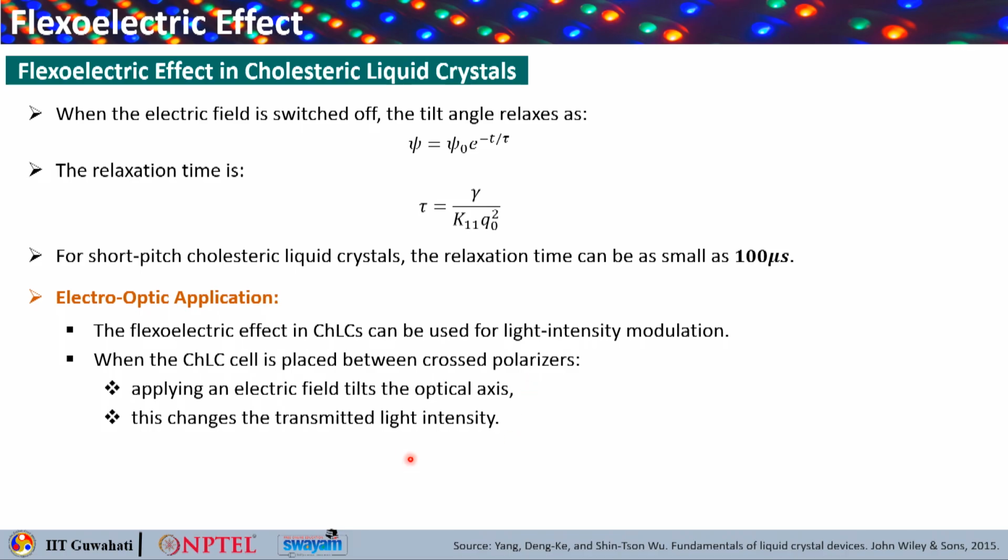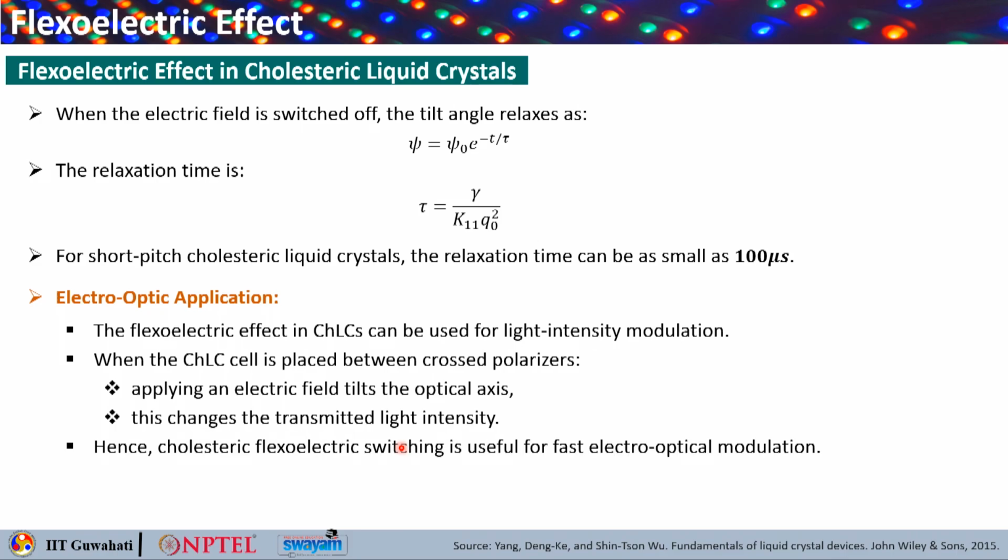When the cholesteric liquid crystal cell is placed between two crossed polarizers, you apply an electric field which tilts the optical axis, and this modulates the transmitted light intensity. Because the response time is very fast, 100 microsecond, you can use this cholesteric flexoelectric switching for very fast electro-optical modulation.